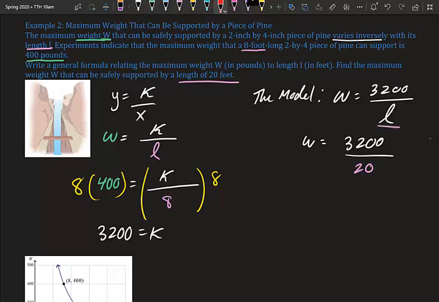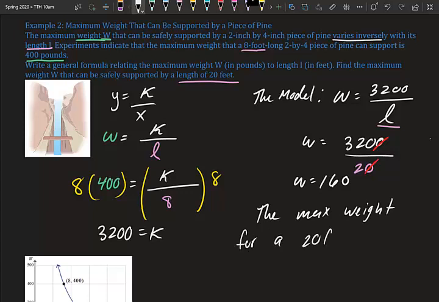Just in case it's been a while, remember we can cancel out zeros. So now we have 320 divided by 2, so the weight is 160. So the max weight for a 20-foot 2x4 is 160 pounds.